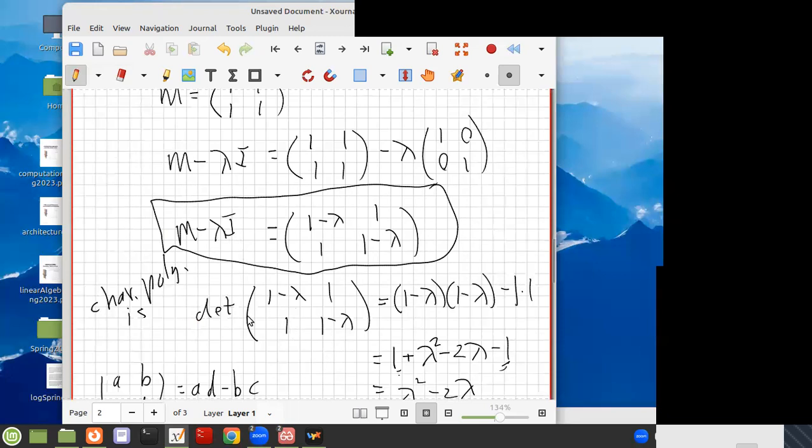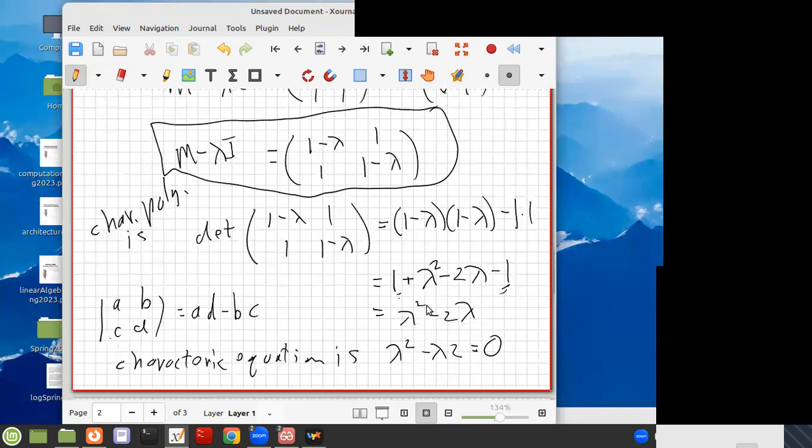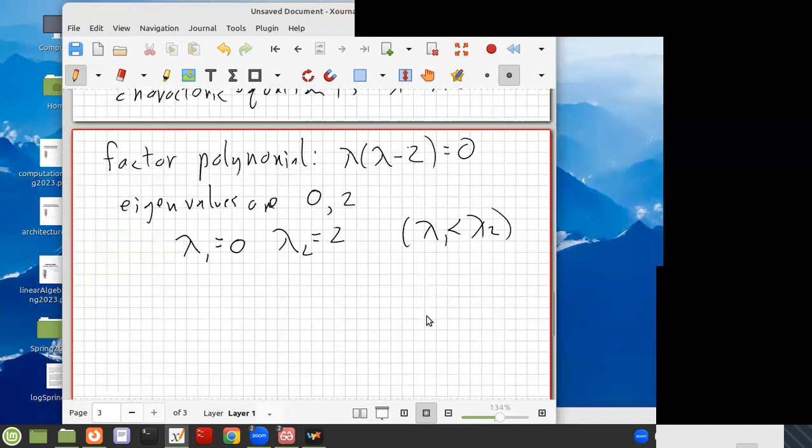So you're always going to be able to just write down the formula for the characteristic polynomial and then multiply it out if it's a small matrix like a 2 by 2 or 3 by 3 matrix. Okay, well there's the eigenvalues. That's half the battle. The next part is finding eigenvectors.